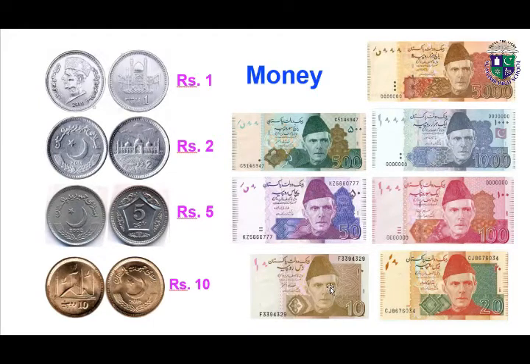And here we have 10 rupees note, 20 rupees note, 50 rupees note, 100 rupees, 500, 1000 and 5000 rupee notes. These are the bank notes and these are the coins. These all are coins and these are bank notes.